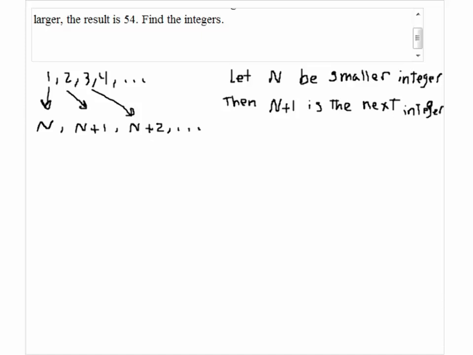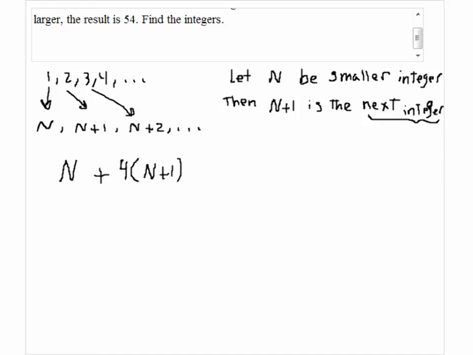Now we can write our equation based on the scenario we have here. When the smaller of two consecutive integers, which is n, is added to 4 times the larger one. The larger one would be n plus 1.